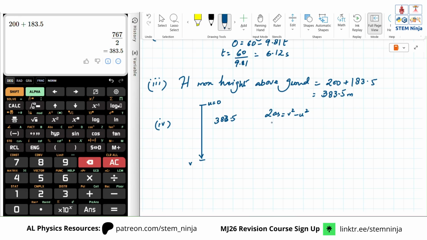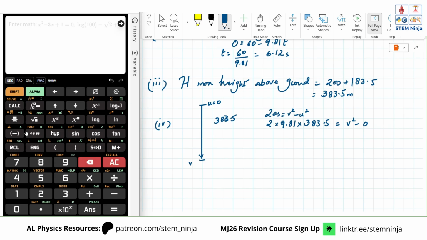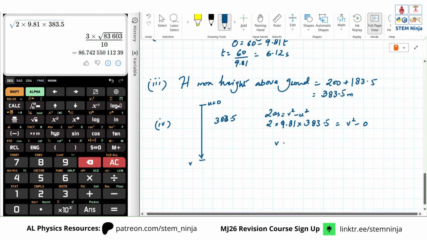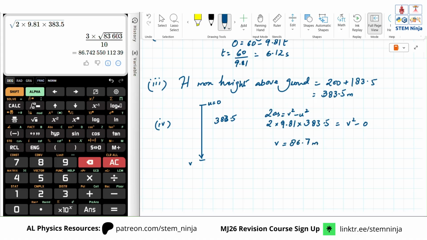So final velocity, this would be 2 times 9.81, because we are only considering downwards motion, times 383.5 equals v squared minus 0. So v would be the square root of 2 times 9.81 times 383.5. This would be 86.7 meters per second.